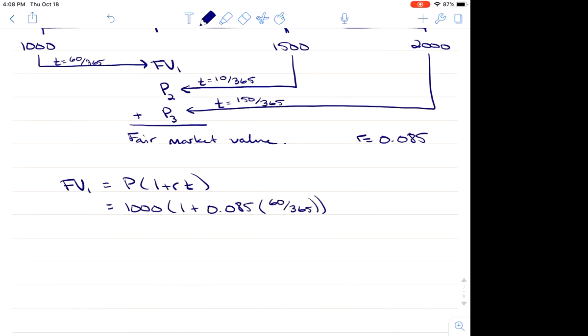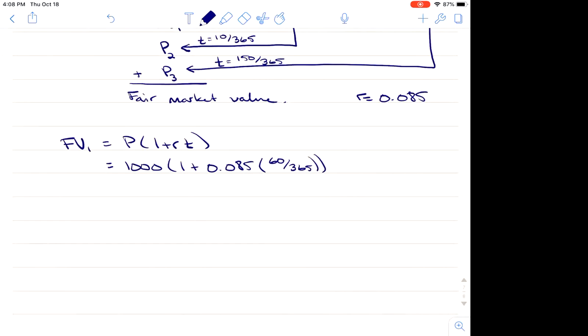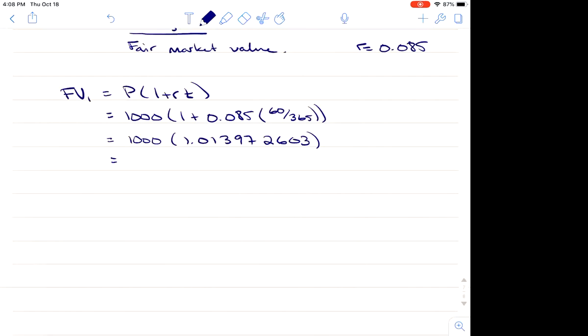So 60 divided by 365 times 0.085 plus 1. Stop and show some work: 1,000 times 1.013972603. Rounding to 2 decimal places right away, 1013.97, because we can.